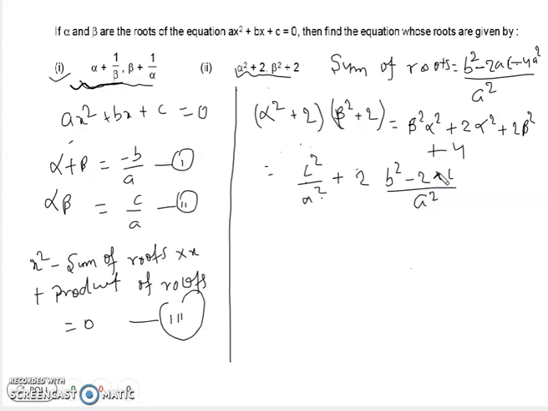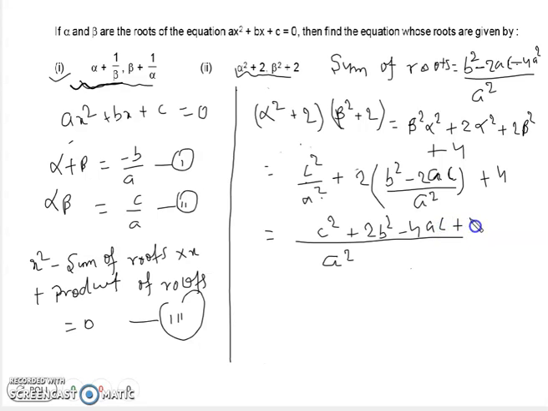And after putting all these values, you will get plus 4, right? And after taking the LCM, you will get another information, guys: c square plus 2b square minus 4ac plus 4a square, all over a square, right?